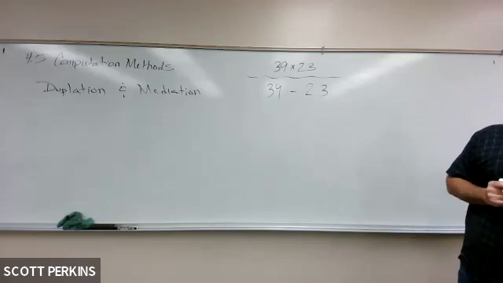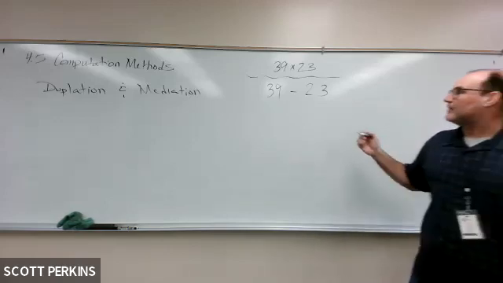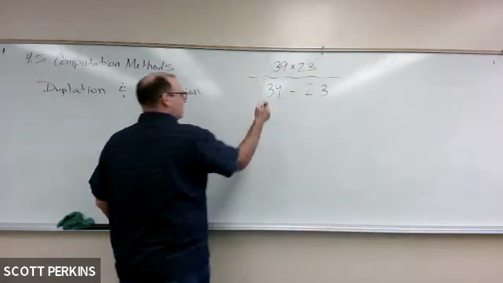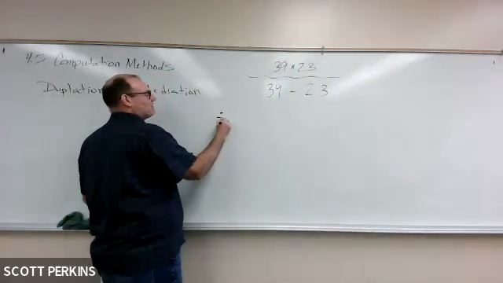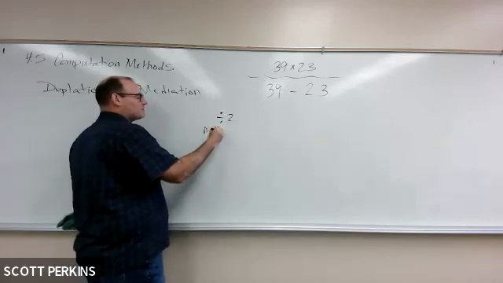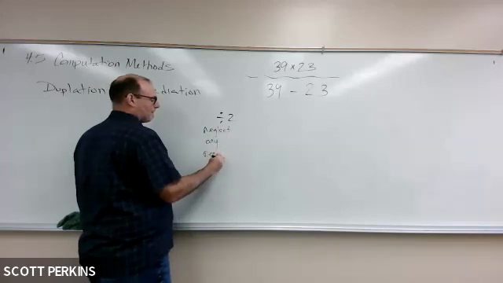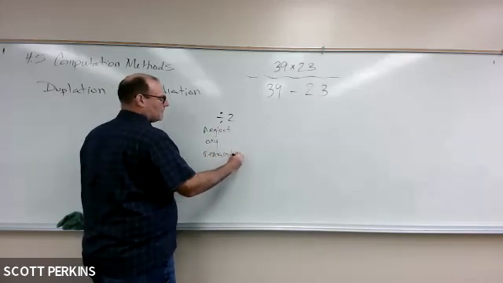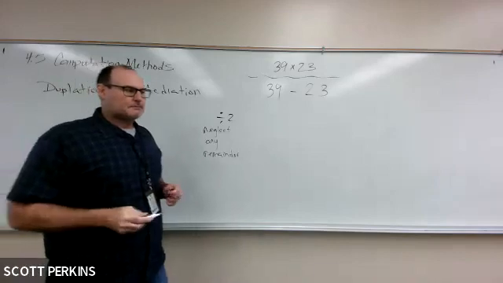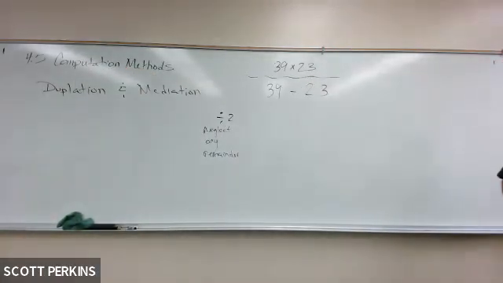The left is going to be the mediation column. And so what we're going to do to this number is we're going to divide this by 2, and we're going to neglect any remainders. And we're going to do that until we get down to the number 1.